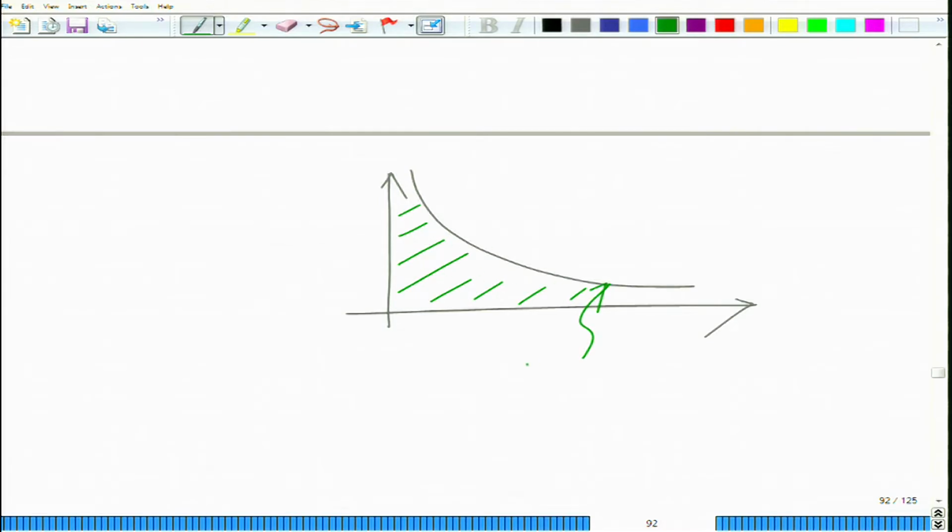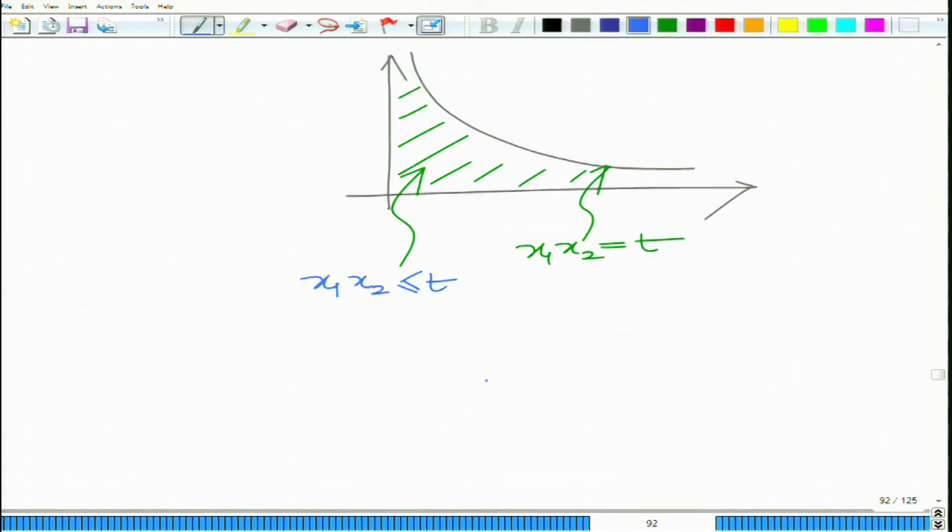This is the curve x1 x2 equals t, and this is the area x1 x2 less than or equal to t, and you can see this set is not convex.